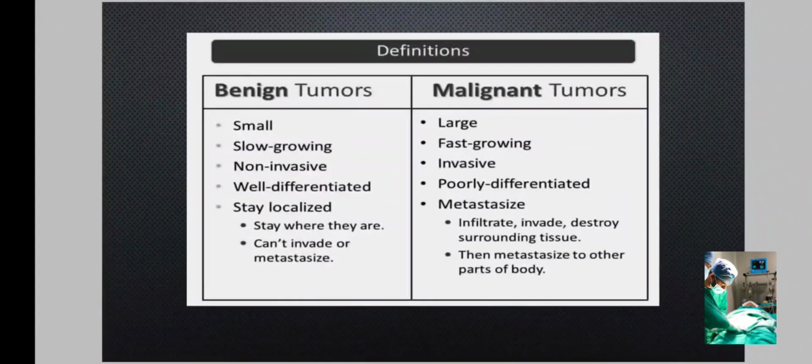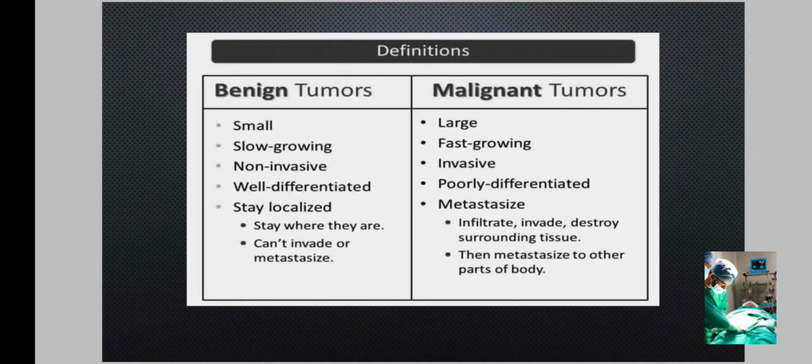Now let's see the difference between the benign tumor and the malignant tumor. First, let's cover the benign one as compared to the malignant ones. The benign tumors are smaller and slow growing, non-invasive, well differentiated, and they stay localized to where they are, and they basically don't invade or metastasize.